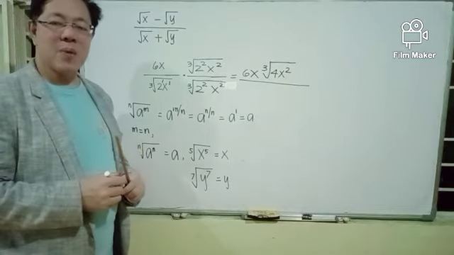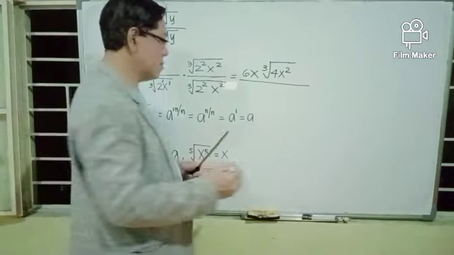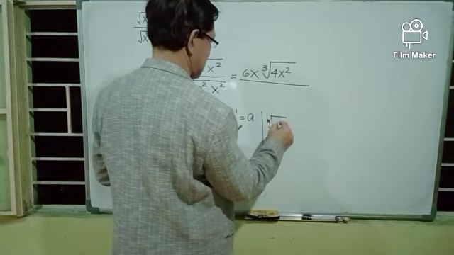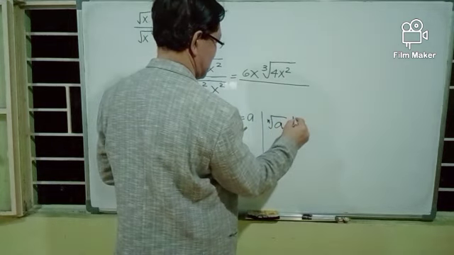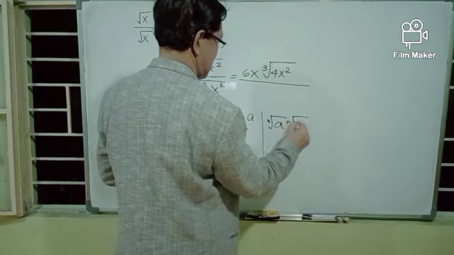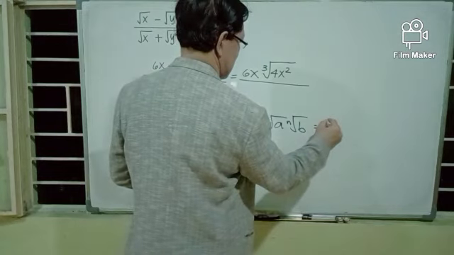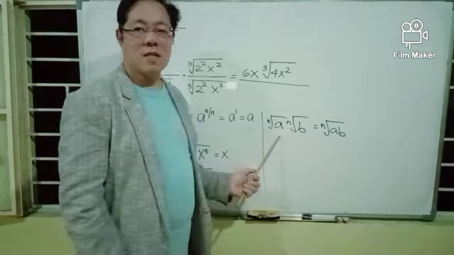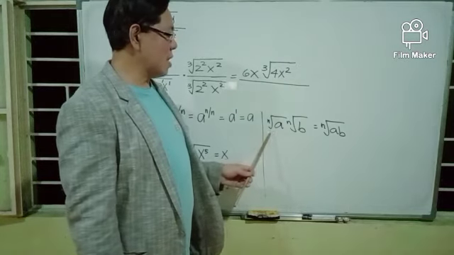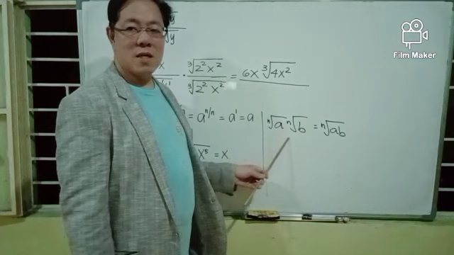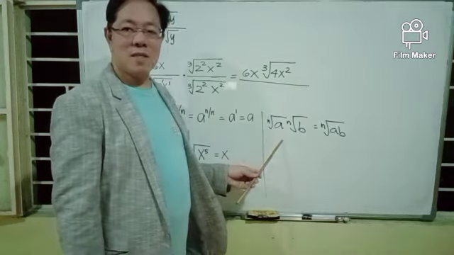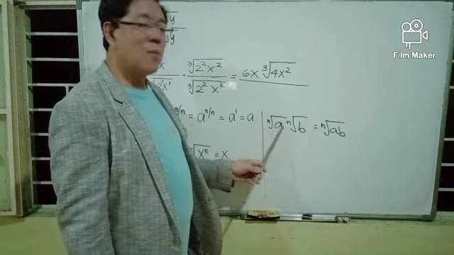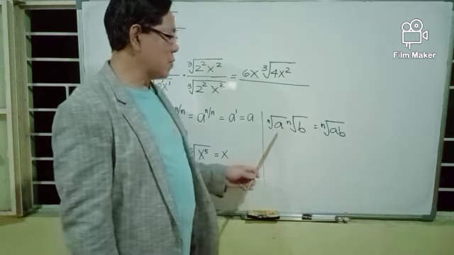And we apply the property of radicals. This property of radicals says that if you are multiplying two radicals with the same index n, this can be written as a single radical expression with index n equal to the common index of the two radicals.